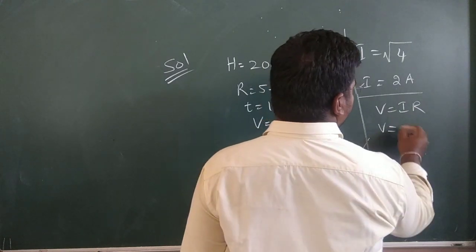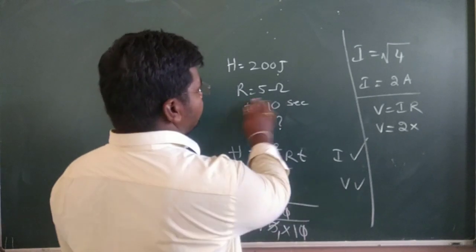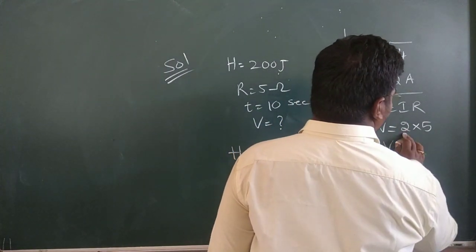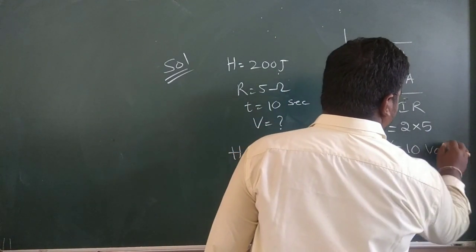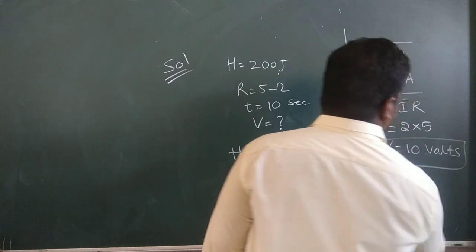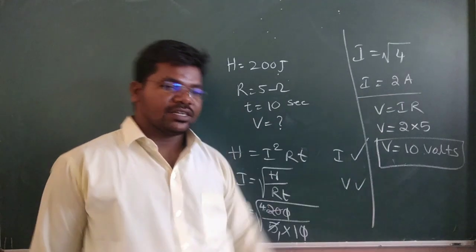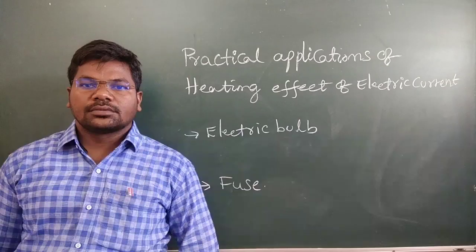The current is 2, the resistance is 5, so 2 fives are 10. 10 volts. The current is 2 amperes, the potential difference is 10 volts.